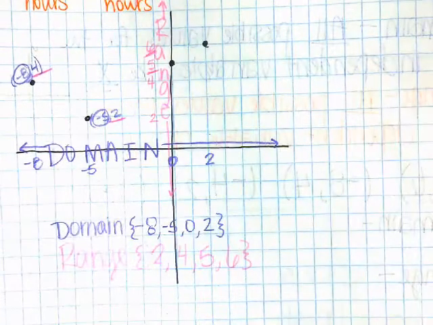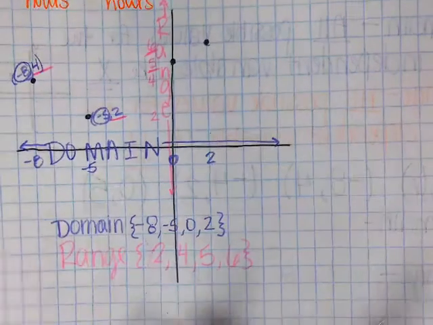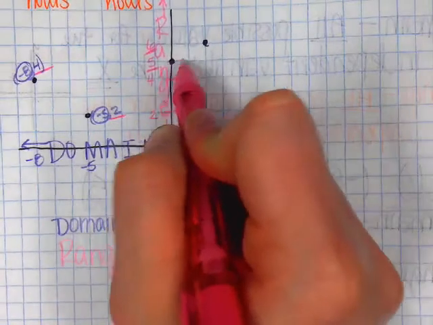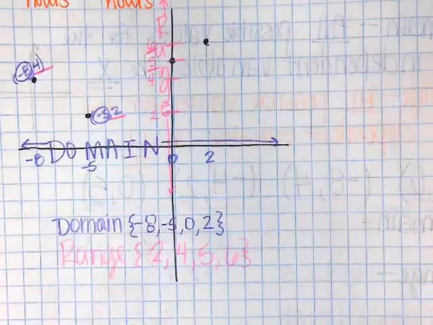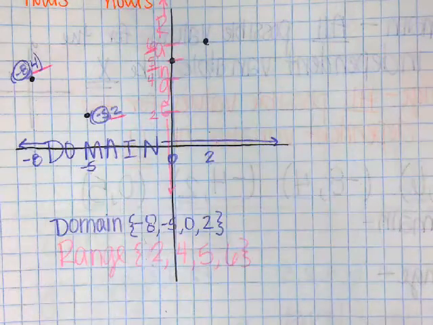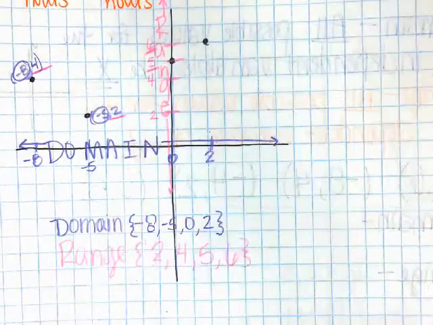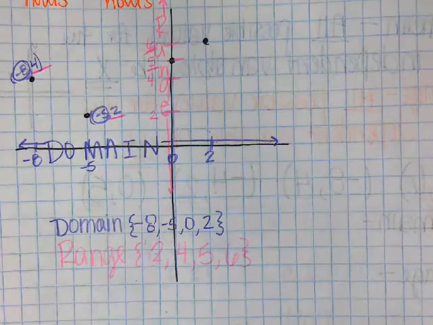Because I'm looking at those y values of those coordinates. This one is at 5, this one is at 6. So all I care about for range is looking where it's at along the y-axis. Domain is along the x-axis. Okay, so that's domain and range.